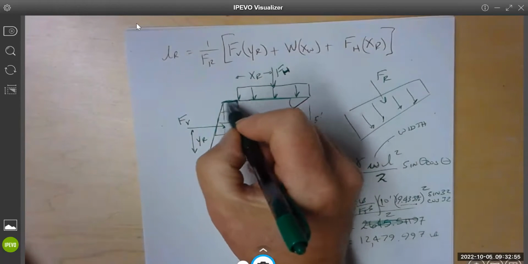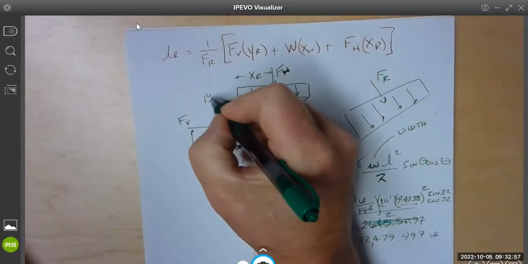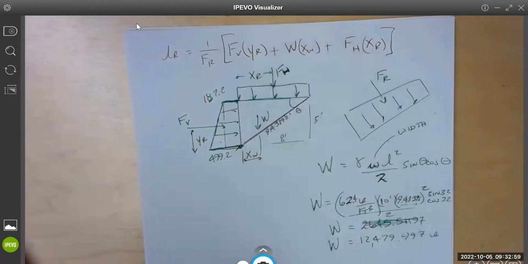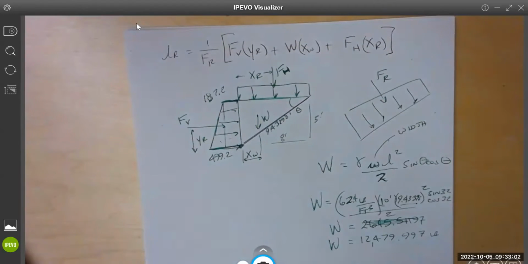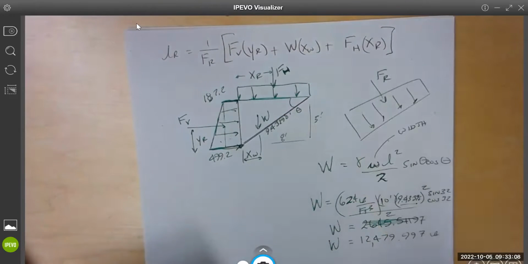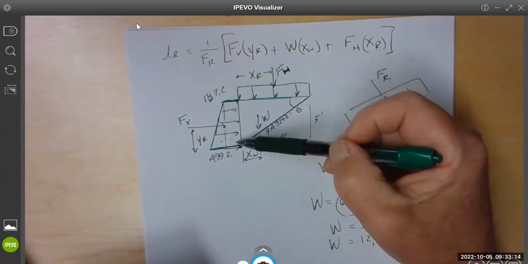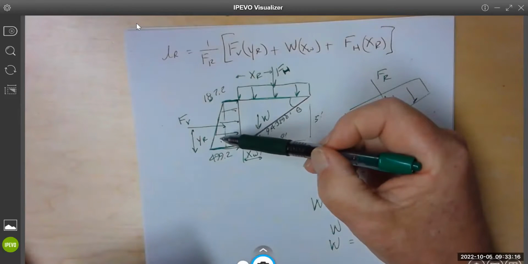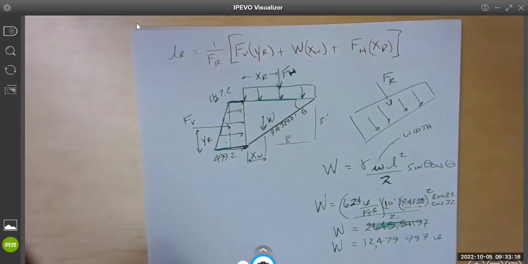What's this number here? 187.2. Excellent. So right away, we got 187.2 times this length, which is 5 feet. So that's the rectangle. Then we need to add to it the triangle.